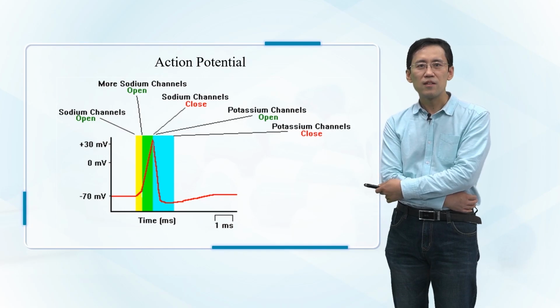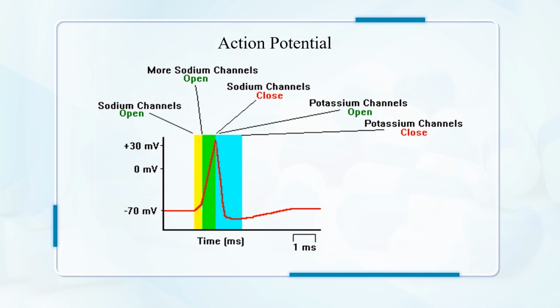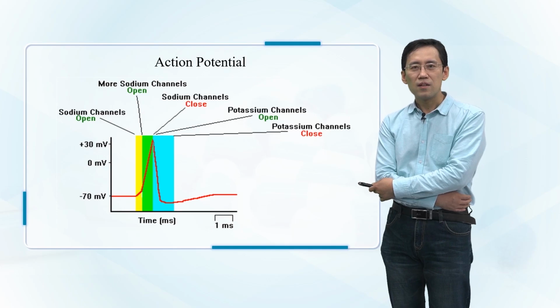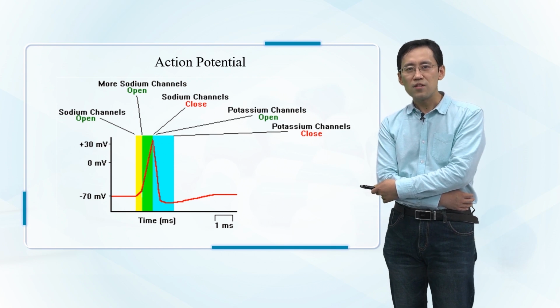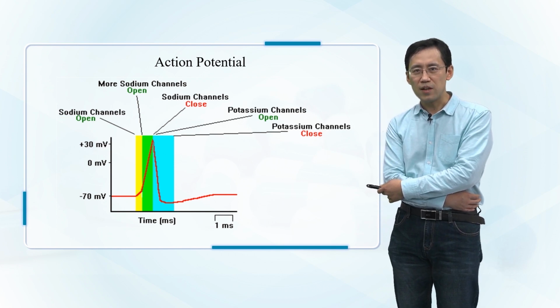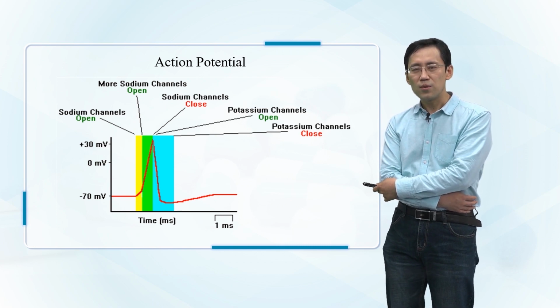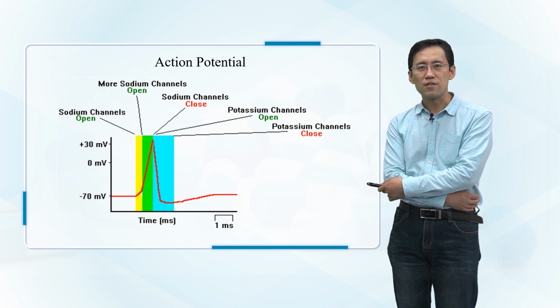After that, the sodium channels closed, and the potassium channels opened, and then after the repolarization, the potassium channels closed again. The cell is restored to the resting potential.